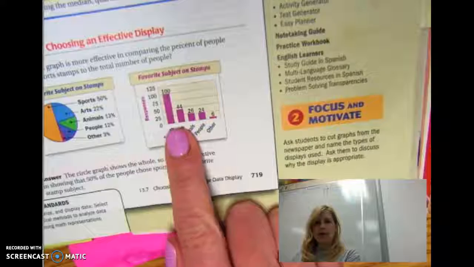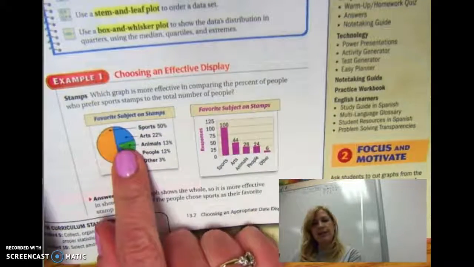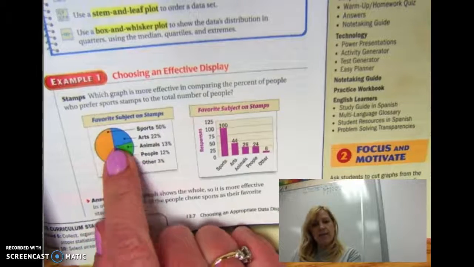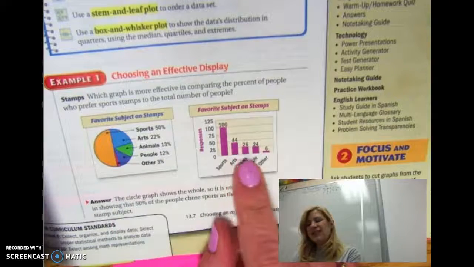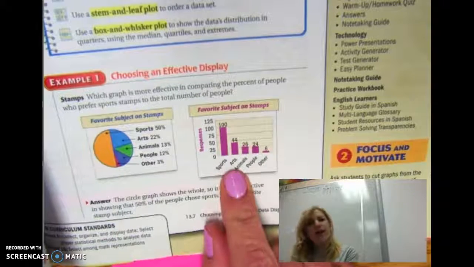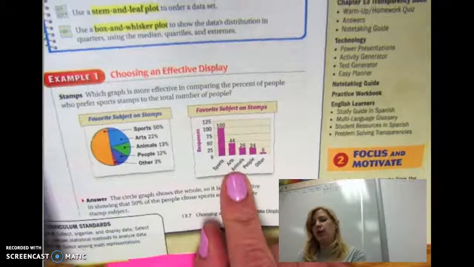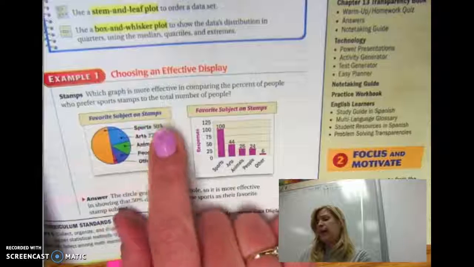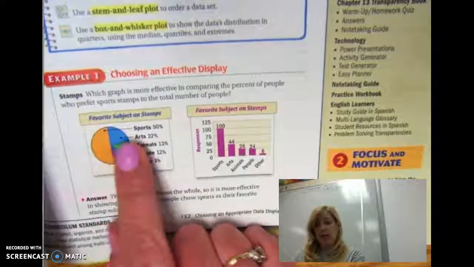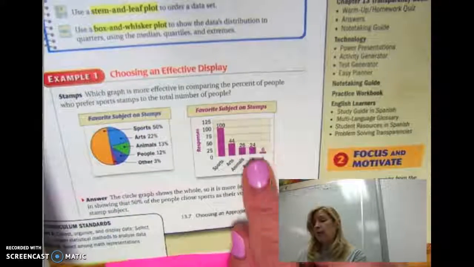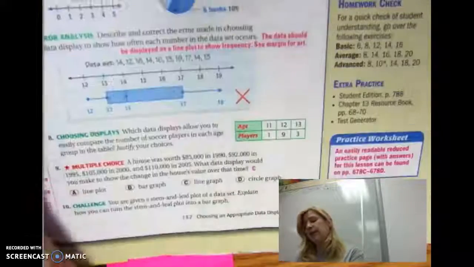If you're comparing the two sets, one could argue that you could compare the sizes of the pies, but since this is telling 50% and this actually tells how many, that is a more effective way to do it. I could hear an argument a little more differently if it also told you how many in each of these pies. But when you're wanting to compare two sets and the actual responses, the bar works a little bit easier.